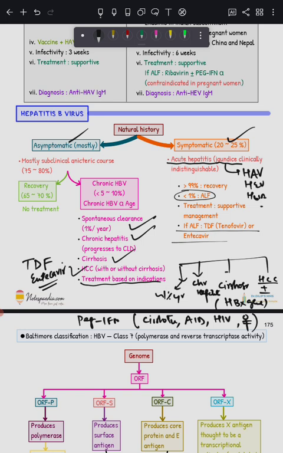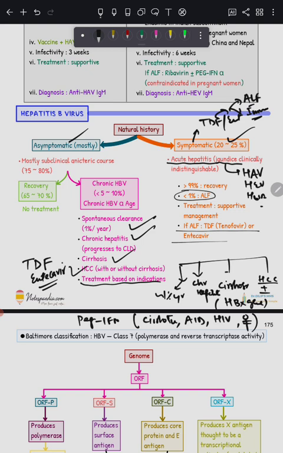Otherwise you don't treat these cases with TDF or entecavir. There are only two indications. One is a patient in ALF or a patient who is immunocompromised. So these are the two indications.